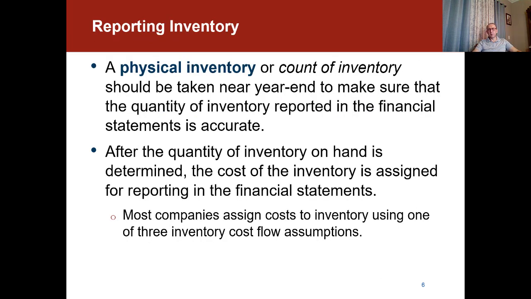So a physical inventory, or count of inventory, sometimes I like to call it the physical count of inventory, should be taken near year-end to make sure that the quantity of inventory reported in the financial statement is accurate. One of the worst things is that in real life we have something in the books that doesn't really match with what we have in the warehouse.